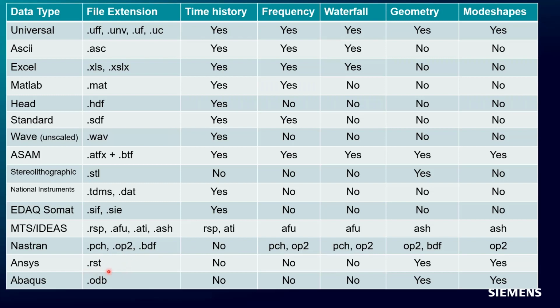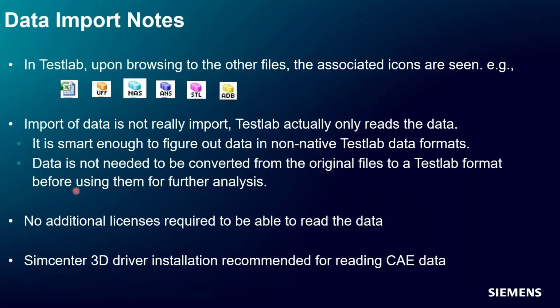And similarly, an ANSYS RST file has geometry and mode shapes, which we can read. And so you can see that a lot of different file formats are supported in the SimCenter TestLab. And what makes it great is that you don't need any additional license to read this data. So we can just browse to the data and read the information in that file.